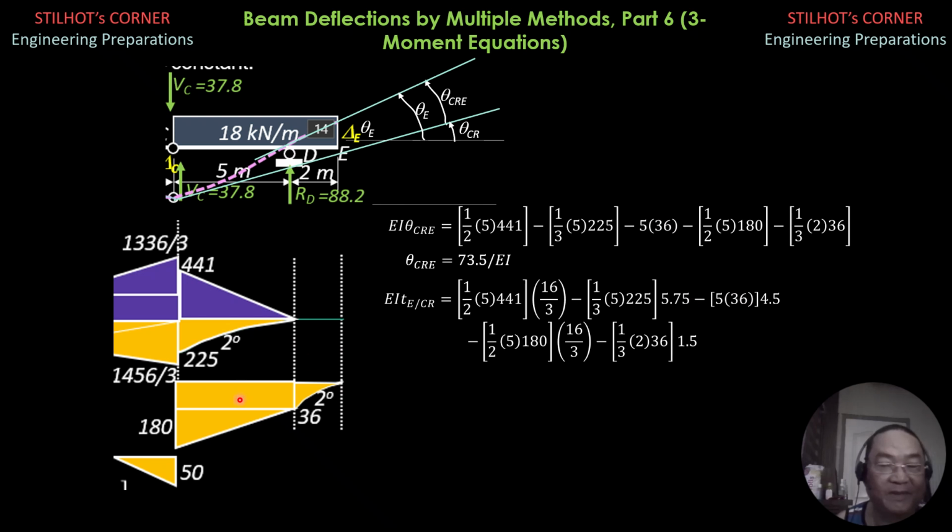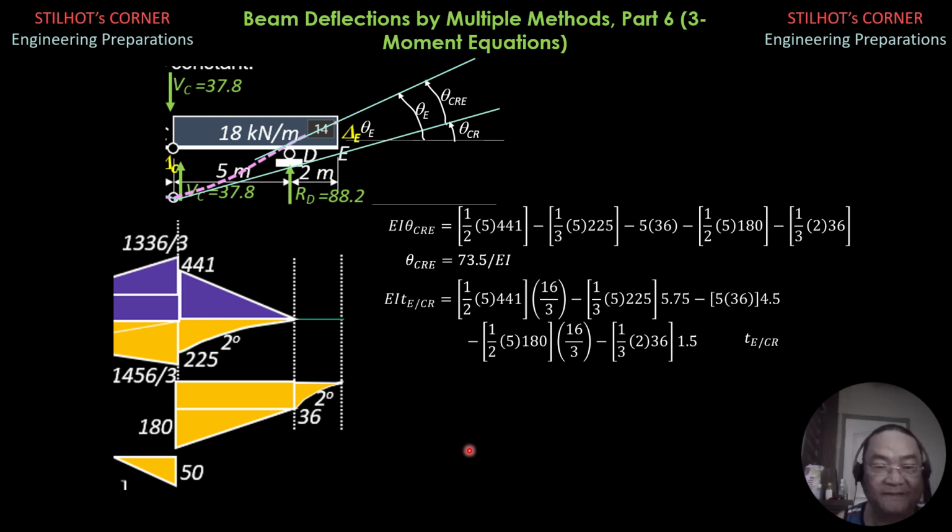Then for the moment of this area, the moment arm is 2.5 plus 2, 4.5. The moment arm of this area is 2/3 of 5, 10/3 plus 2, 16/3, just like this. Then for this area, the moment arm is 1.5 because this is supposedly 2 over 4 or 0.5 from this edge, then 2 minus 0.5, 1.5.